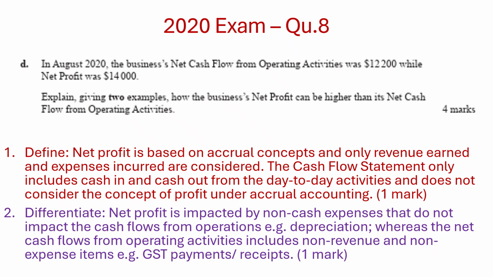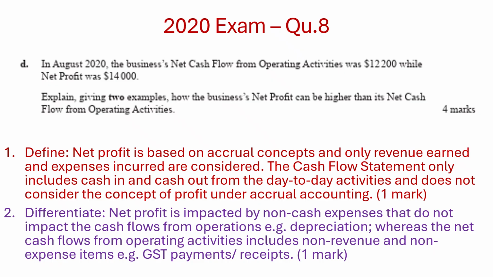So, step one, define both. Net profit is based on accrual concepts. We only include the revenue we've earned and we deduct the expenses incurred. Whereas the cash flow statement includes the cash in and out from our day-to-day activities, given we've got to reference this to the operating activities, and doesn't consider the accrual basis profit concept.